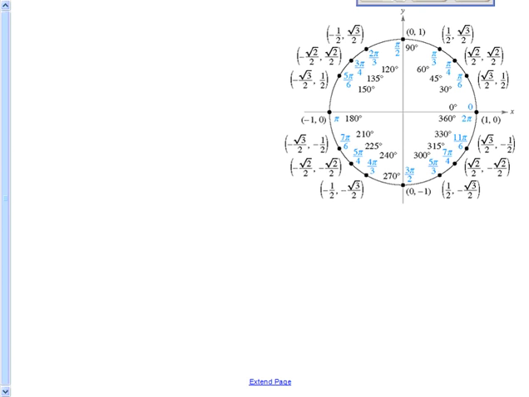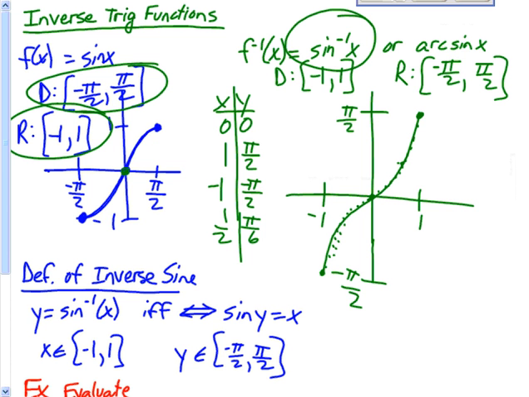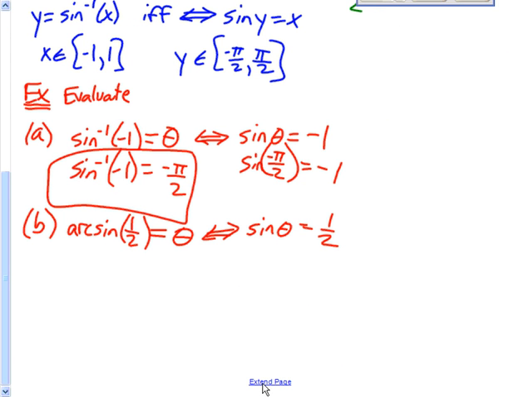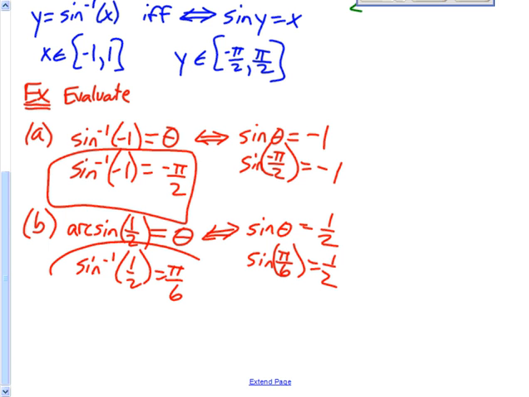So I say, well, again, I'm looking between here and here, right? The sine of what angle is 1/2? Remember, sine's y value. There it is, right? Where is it? Pi 6, right? If I rotate pi 6, the sine of pi 6 is 1/2. That means the arc sine of 1/2 is pi 6.